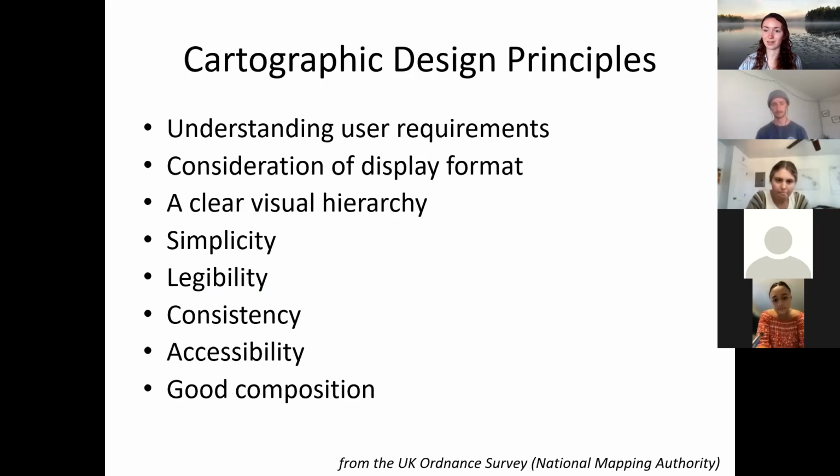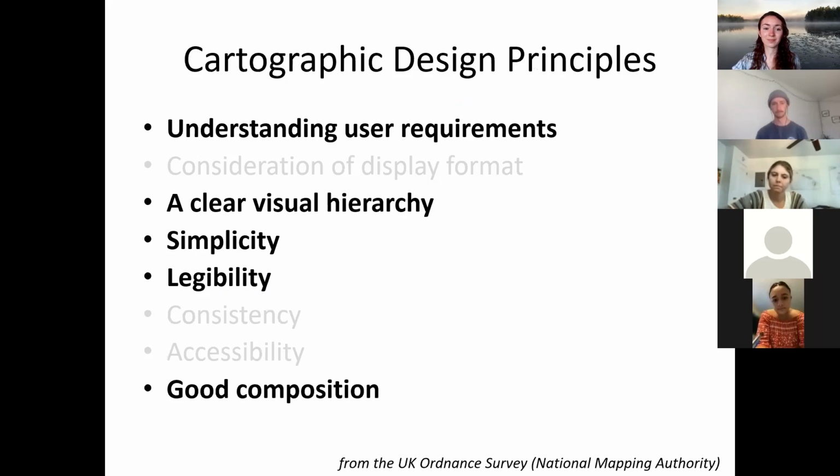Could someone whose vision is not perfect read your map? You want to try to make your maps as accessible to as many people as possible. And then also good composition, making it look pretty. We're going to focus on these 5 today, but definitely keep those other 3 in mind as well as you're making your maps.